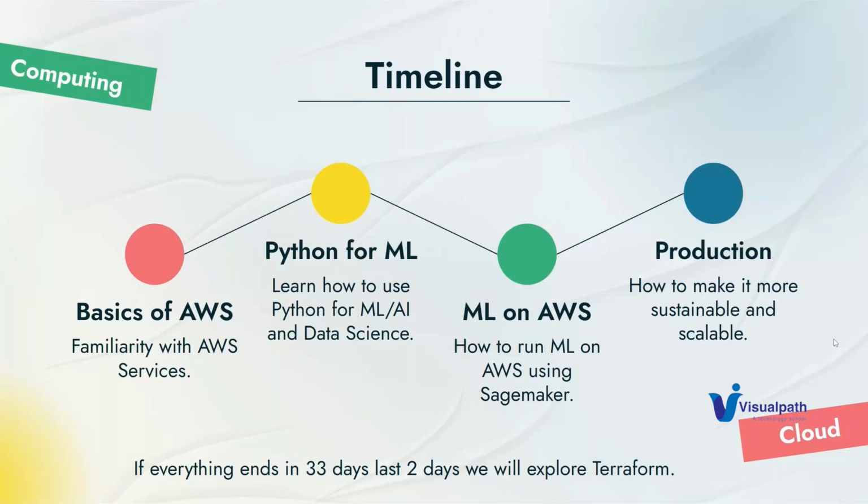Last but not least, how would you use these AWS services in production? How would you make it more sustainable and scalable? When you move everything onto production, the most important things being looked at are the scalability and stability of your models. So here we'll be looking at these two main things.